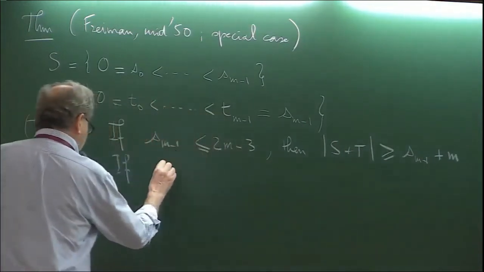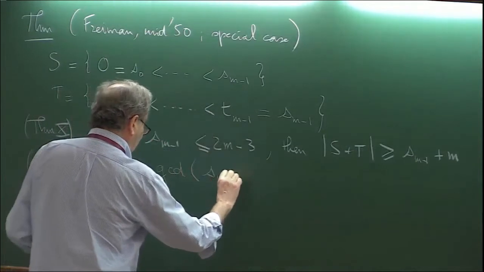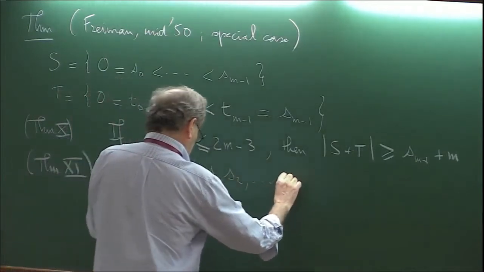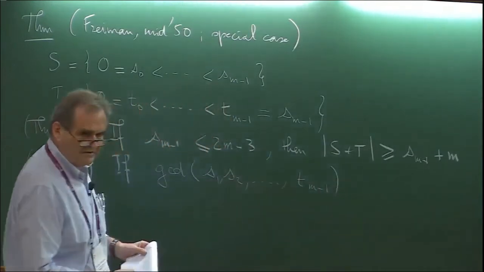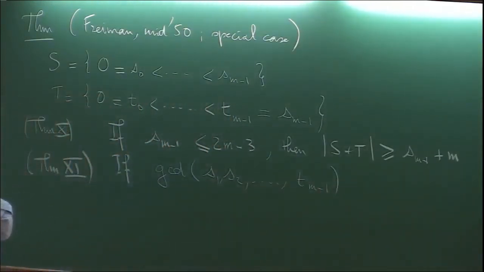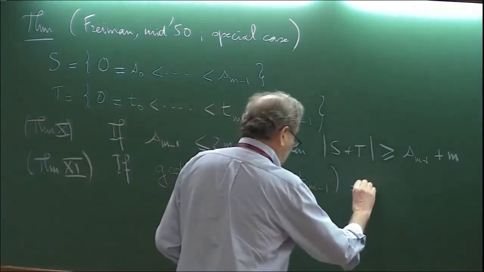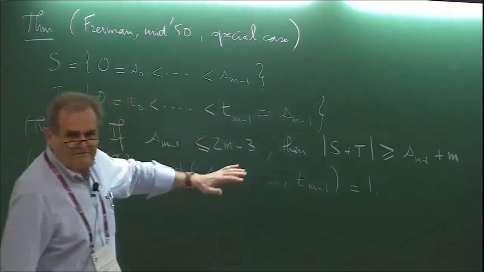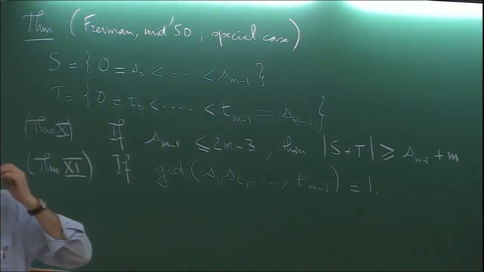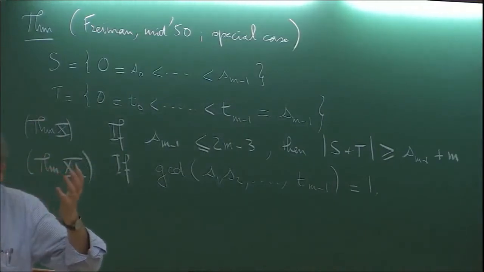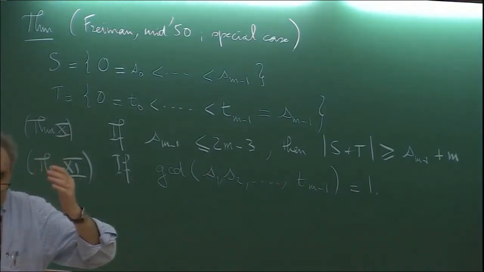So you assume that the GCD, I make some comment about that, of S1, S2, blah, blah, blah, up to Tm minus 1. You can put 0 also if you wish in the GCD. You have at least one element which is not 0 and it means something. But if the GCD is equal to 1, well, you see, to say that the GCD is equal to 1 is just to say that this is not in an arithmetic progression with a difference which is larger than 1.